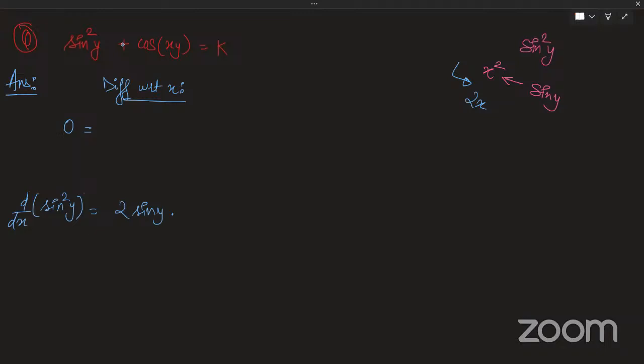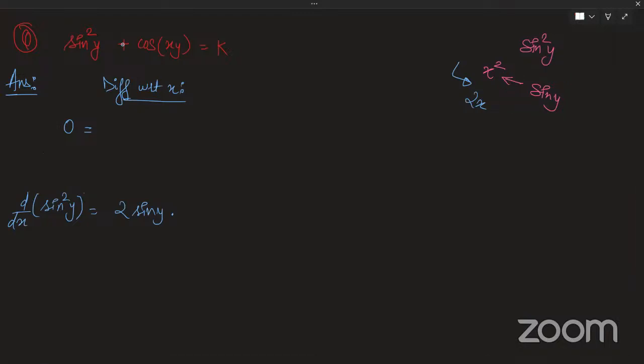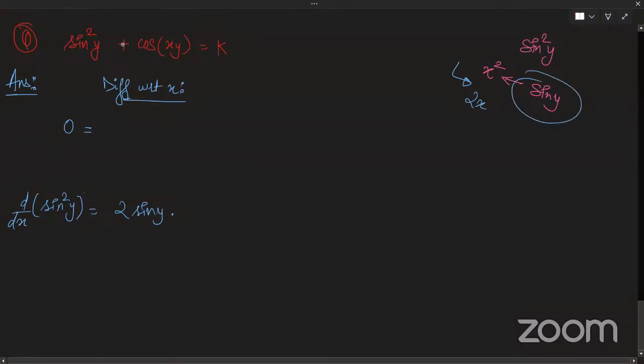So in writing my first term, all the part that I have inside x squared will remain as it is, and will come in place of x. So my first term will be 2 into sine y, because in place of x, I'll keep everything that was inside x squared. So I completed this level, I moved inside.